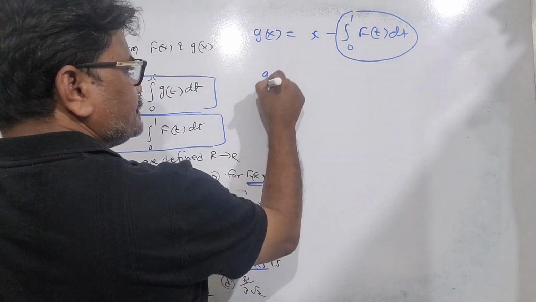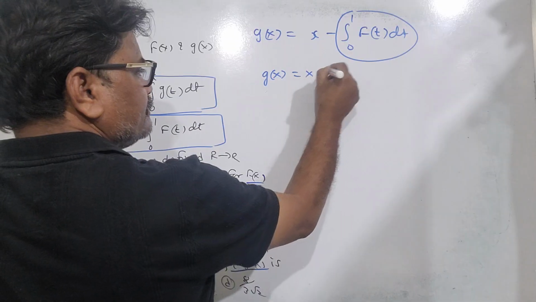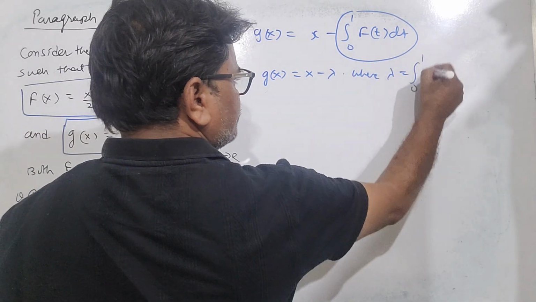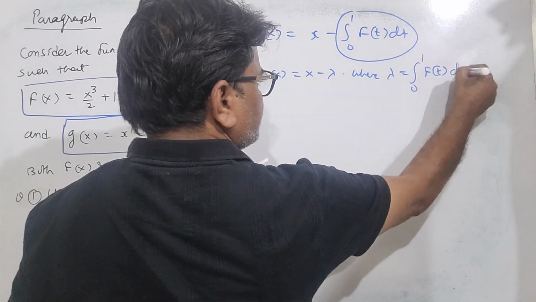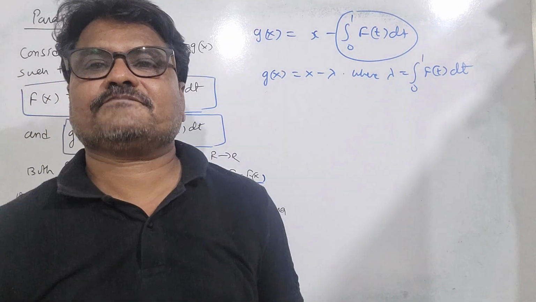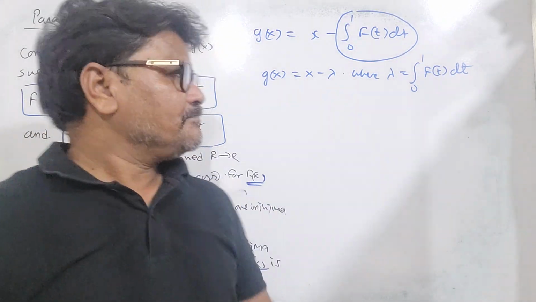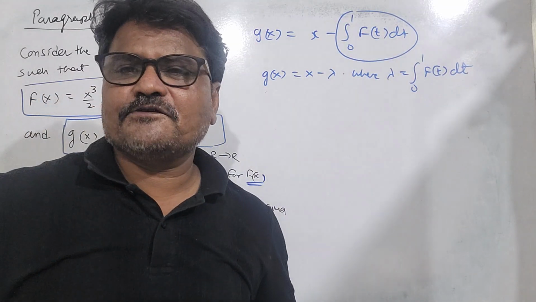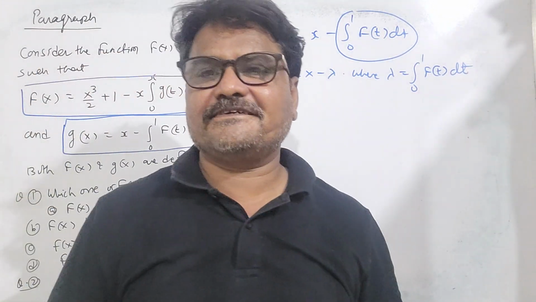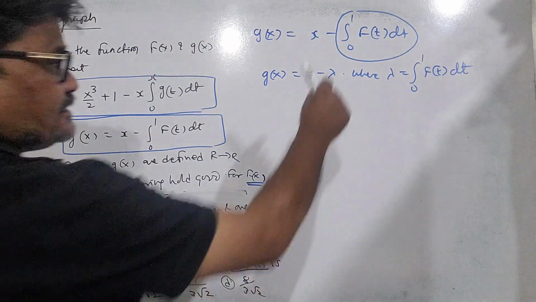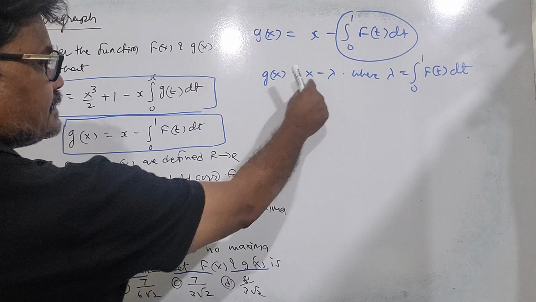Therefore, I can write g(x) equal to x minus lambda, where lambda is the integral from 0 to 1 of f(t) dt. This step is very important. Can I write like that? Because whatever be the value, this definite integration is always coming to be a constant, correct? So I can consider this as the constant lambda.